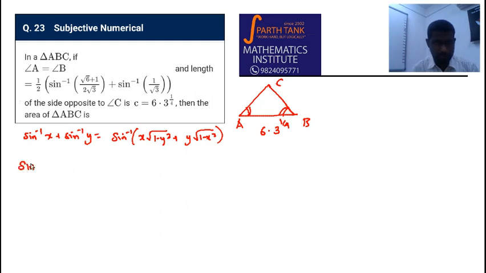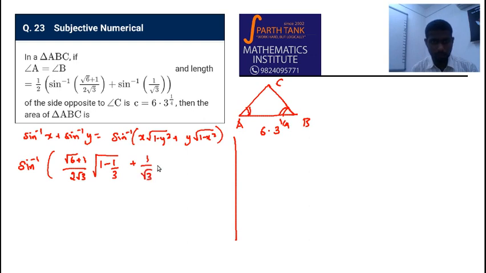So this is becoming sine inverse of x, which is square root of 6 plus 1 upon 2 root 3, into square root of 1 minus y square, which is simple, 1 by 3, plus y, which is 1 by root 3, into square root of 1 minus x squared, going to be this whole term squared, which is 6 plus 1 plus 2 root 6 under 2 root 3 square, which is 12, right?